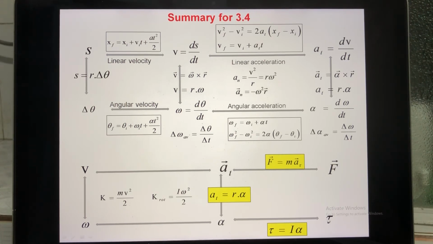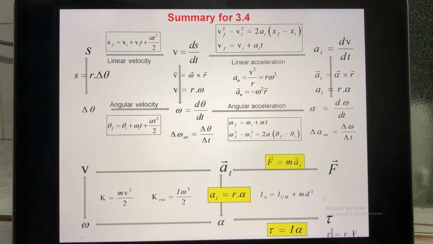Now you have the relation: you can calculate the force based on the linear acceleration, and you can calculate the torque based on the angular acceleration. Here you have a relation between the linear and angular acceleration. That means here you have a relation between the force and the torque.